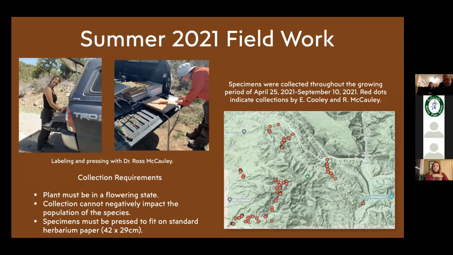The red dots that go up are Spring Creek Road going up towards Pargan Mountain. That's the main road, so it's definitely easiest to collect along there. And there's Yellow Jacket Pass and a couple of other areas that are easier to get to. We weren't able to get into those canyons quite as much as we had hoped, but hopefully in the future we can do something like that.